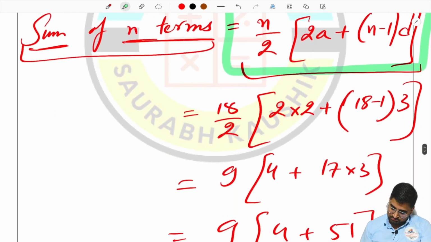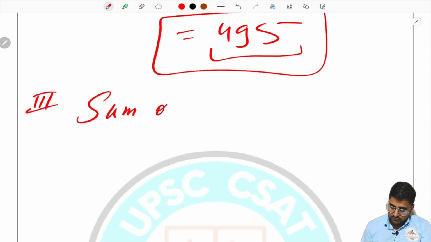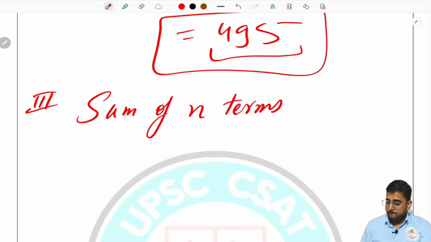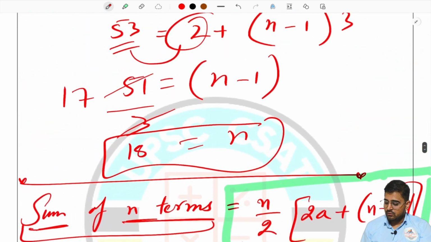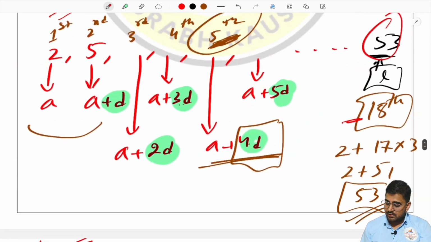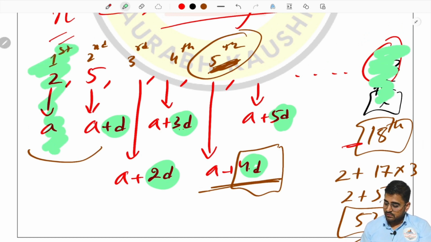Now let us make it more complex. This third case comes into the picture, where the sum of n terms is asked, but no difference is given. Just the first number is given and the last number is given, and you have to calculate.